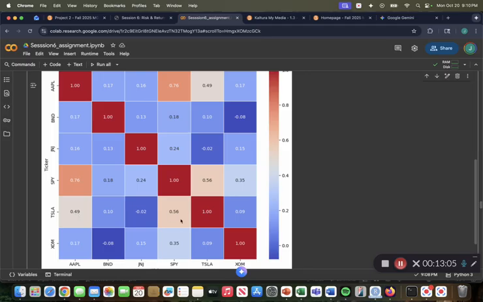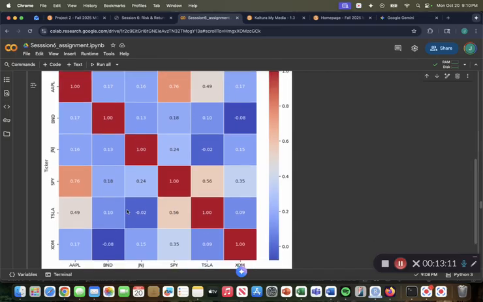The S&P 500 and Tesla also have a pretty moderate positive relationship. But again, putting the bonds, correlating those with the rest of the stocks, we can see it's very low. It is a little positive. It's not negative this time, except for with ExxonMobil, showing that when the bonds go up, the ExxonMobil is likely going down. And same with Tesla and Johnson & Johnson, which is another interesting thing to look at here.